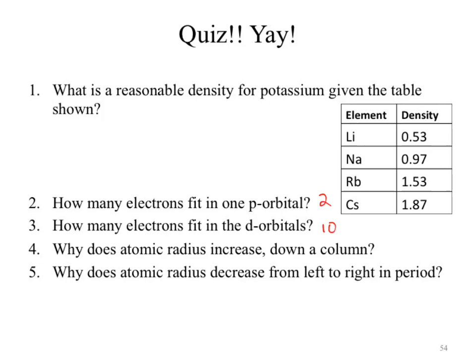Why does that become important when we look at 5? The electron for lithium goes into what energy level? The second energy level. I didn't ask the type of orbital, I just want to know the energy level. Neon's last electron goes into what energy level? The second energy level.